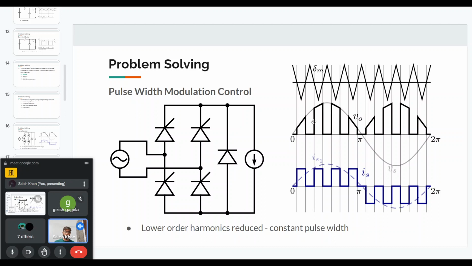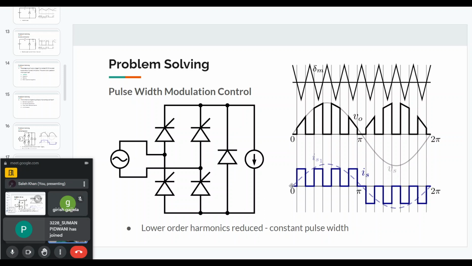In that case we will have a voltage with this kind of waveform. The pulse width of all these pulses is the same, and the current will have a similar waveform to the voltage, but with a constant amplitude because the load is drawing a constant current.